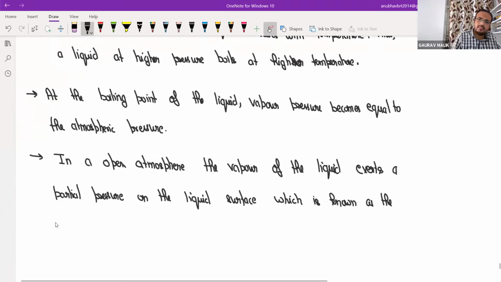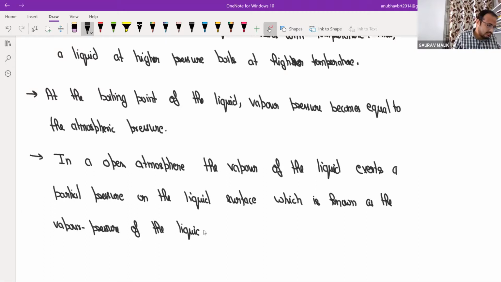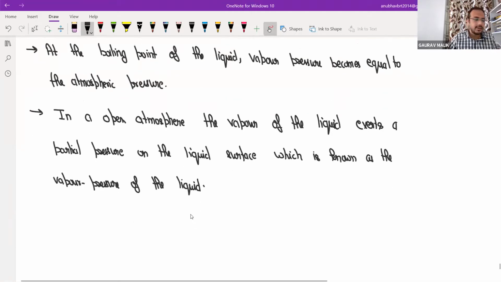Now, happy? Vapor pressure of the liquid is a property of a pure liquid.